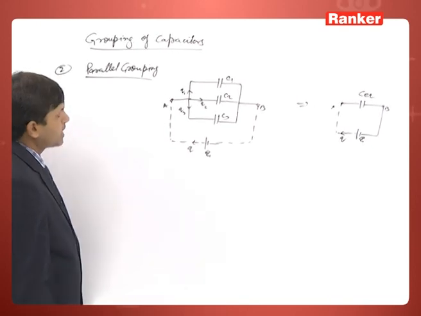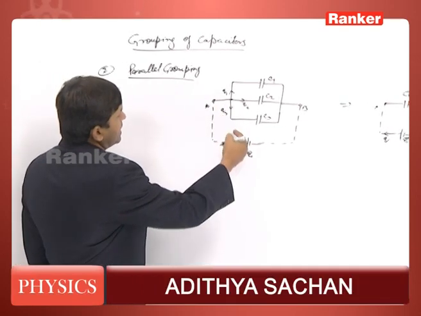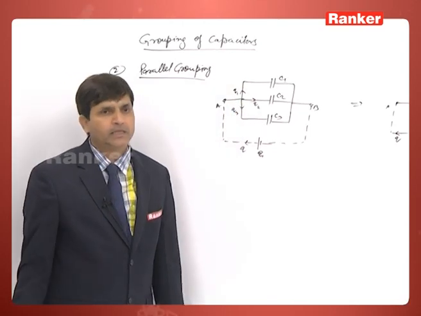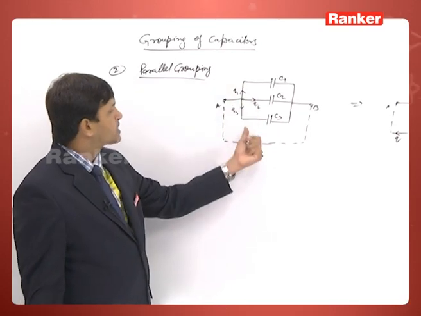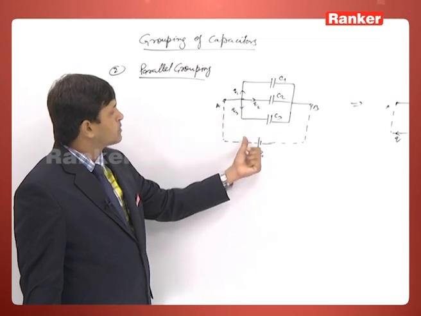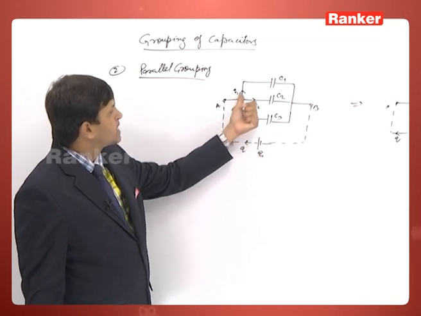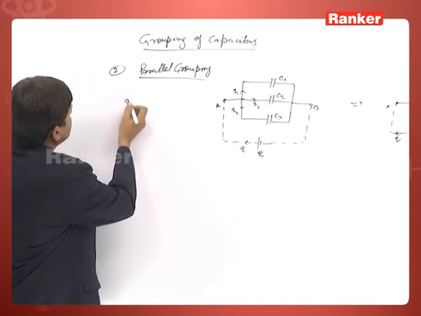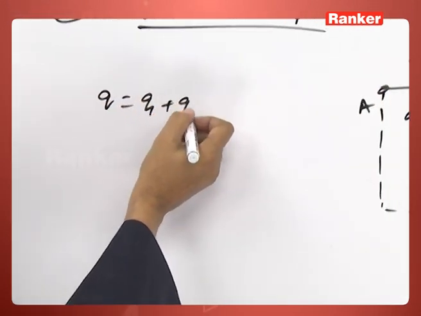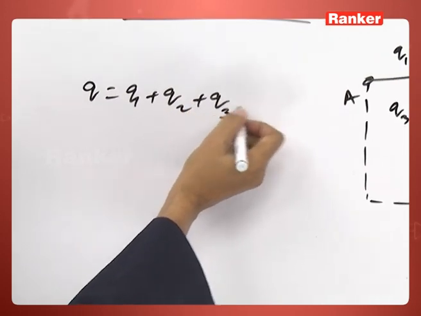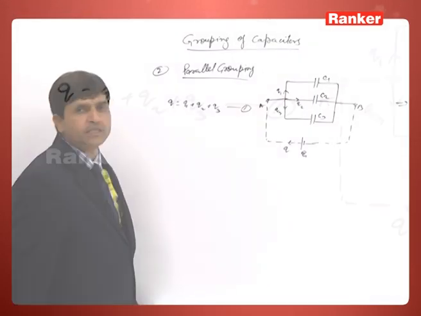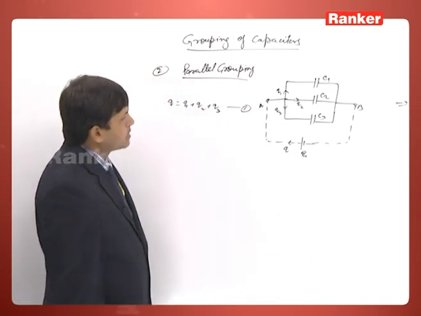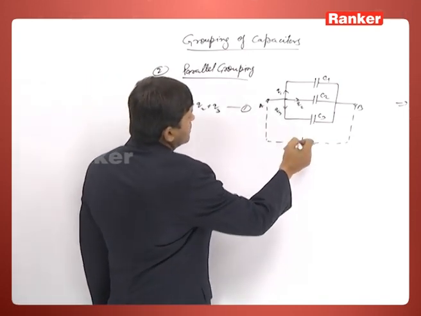First, by using Kirchhoff's first law, as Q charge enters, it distributes into 3 parts. According to the first law of Kirchhoff, whatever charge enters is distributed. So one equation we can say is Q is equal to Q1 plus Q2 plus Q3. Now we can apply Kirchhoff's second law.